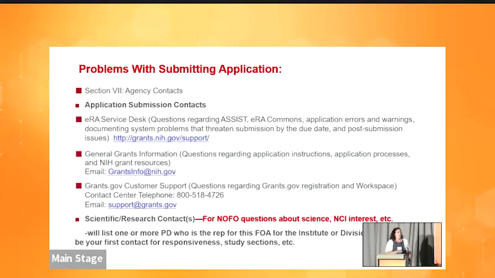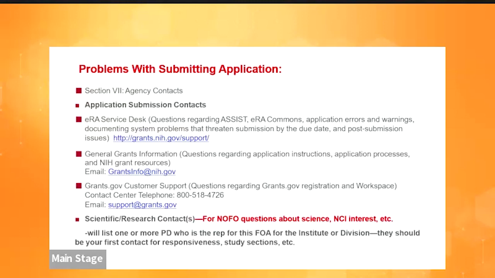I don't see them. And the other thing is that at the bottom of every NOFO, there is a list of scientific representatives. If you have a new funding opportunity, those scientists that are listed are the people who wrote it and got it passed through the leadership in order for it to be sent out.